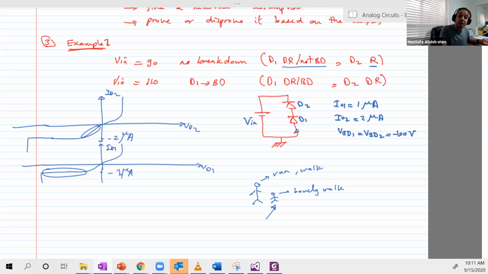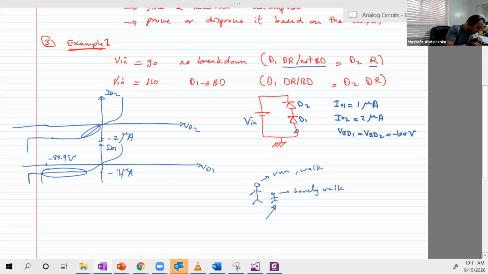When we put V input equal to 110, okay, we increase this, and when we were working at this V input, we found that the voltage of VD1 was around minus 89.9 volts.